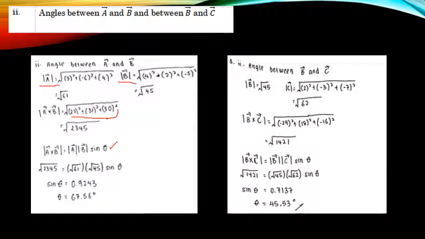Substituting the values, the angle between A and B is 67.56.